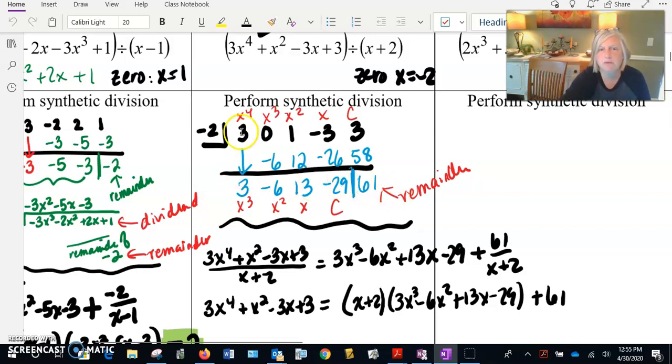And if I didn't mention it before, right here where we have the degree, starting out, it's x to the 4th, x cubed, x squared, x, and then the constant, right? Now notice that when you divide out one linear factor, that's where I'm getting the x cubed, x squared, x, and the constant down here. That's how I know what to put in each of these locations as you're going down through it.